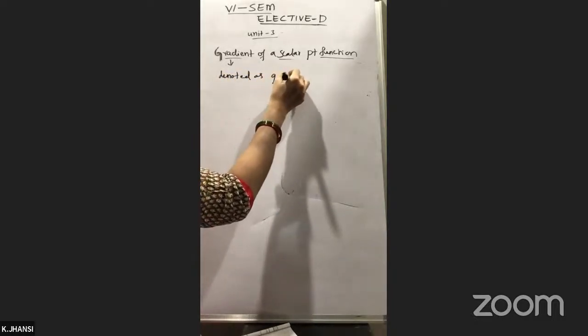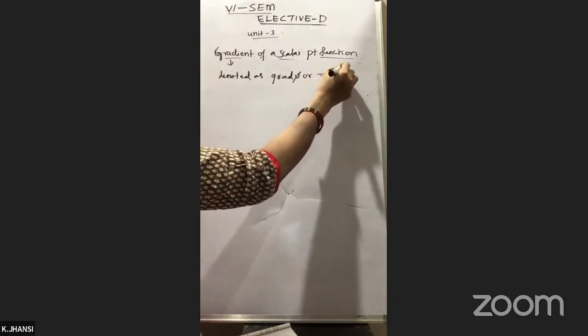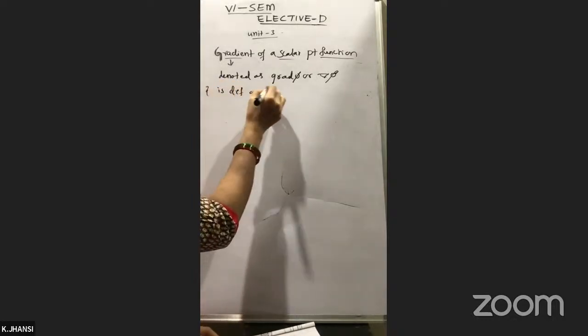If you see the definition, the gradient of phi, denoted by grad phi or del phi, is defined as, and you have the definition in your textbook. This gradient is denoted as grad of phi or del of phi.